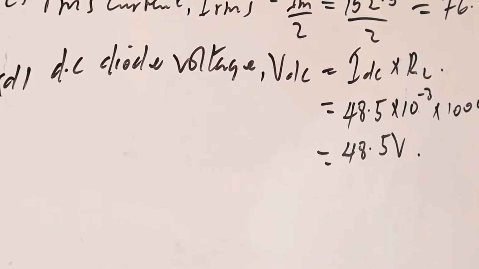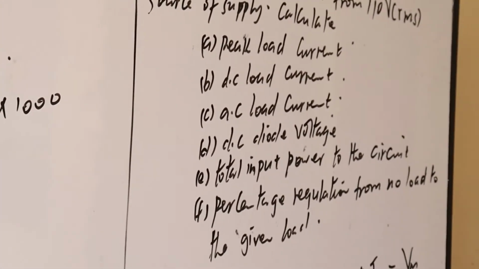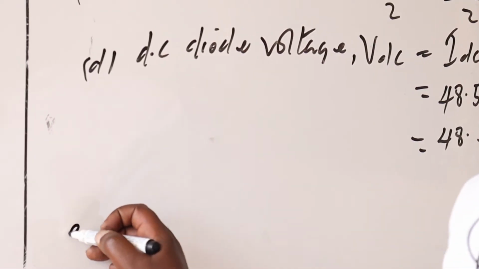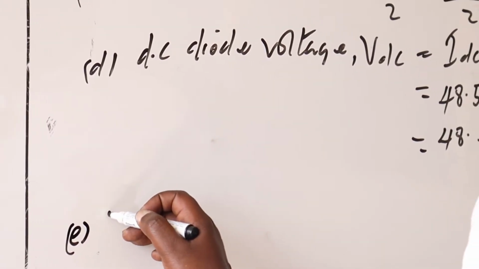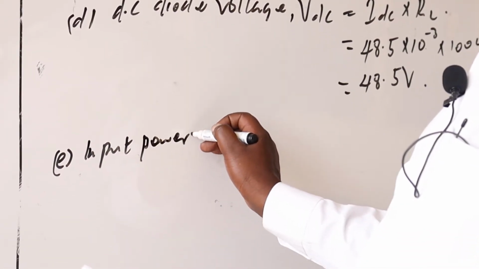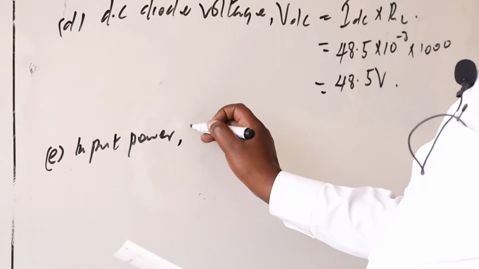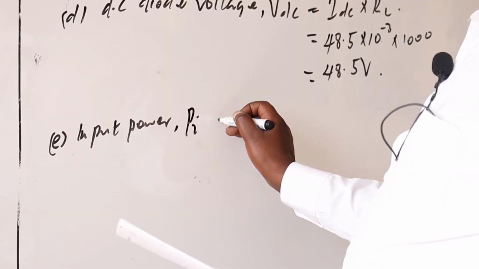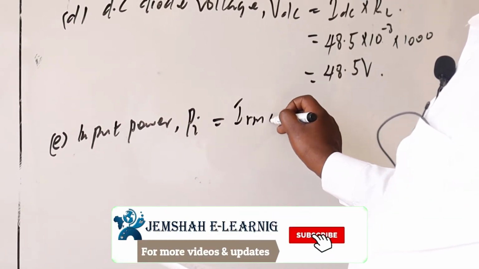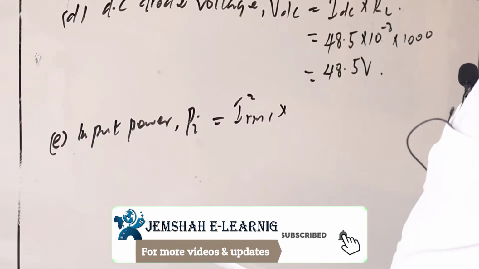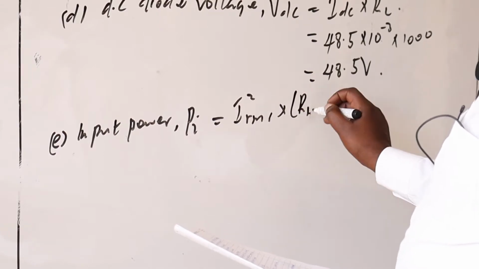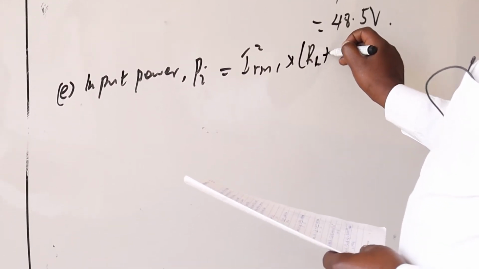Part E is the input power, which we denote by Pi, which is I RMS squared times the total resistance, load resistance RL plus RF.